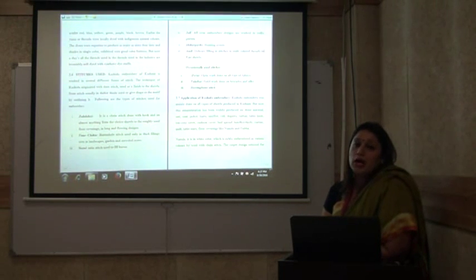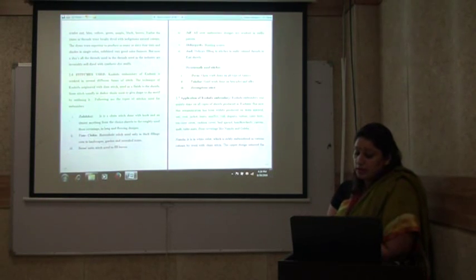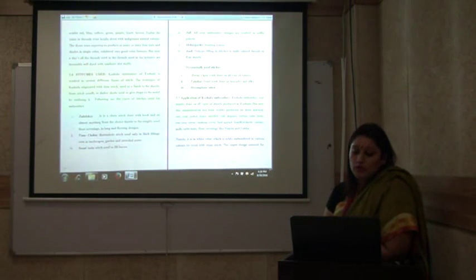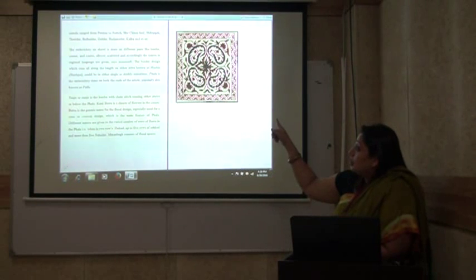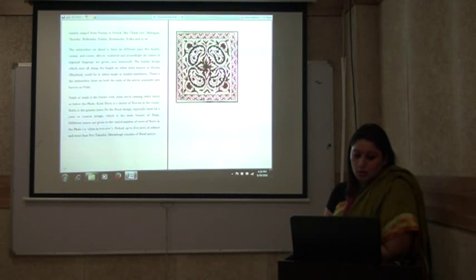Now the most important part, which needs a lot of work in terms of product diversification, is the application of Kashida embroidery. We can find Kashida on jackets, sarees, suit covers, cushion covers, table mats, floor coverings. There is a special floor covering made in wool, called Namda or the Gabba. The origin is from a prayer rug, and now it is being used for decoration purposes also.